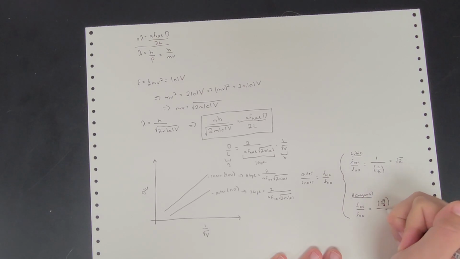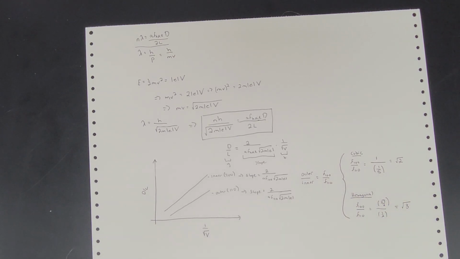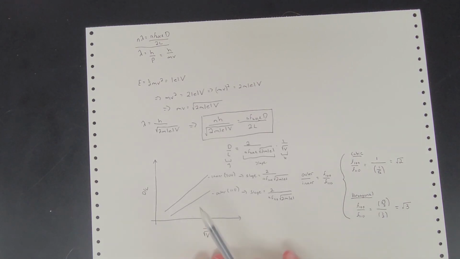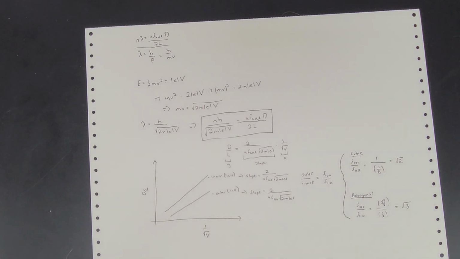And you'll find that the F110 value is going to be equal to 1/2, which means this ratio is the square root of 3. Okay, so if our two slopes have a ratio of the square root of 3, then we'll use these two FHKL values here versus these here.